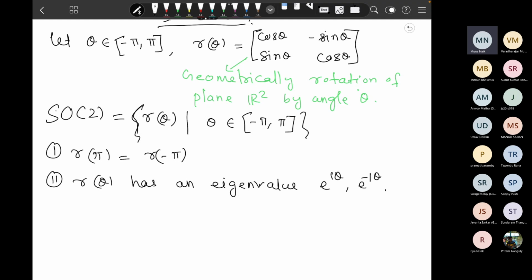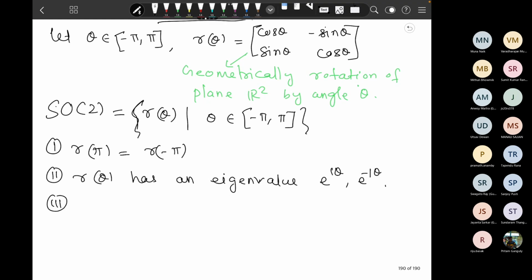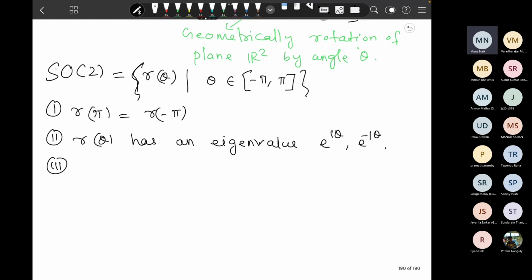It's clear. Third thing is if theta belongs to the open interval minus pi to pi, then it will have a unique representation. For instance, R pi has two representations, R pi and R minus pi, but with theta strictly between minus pi and pi, there is uniqueness.